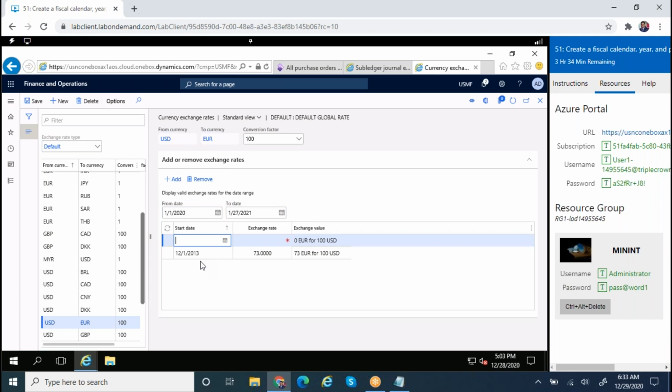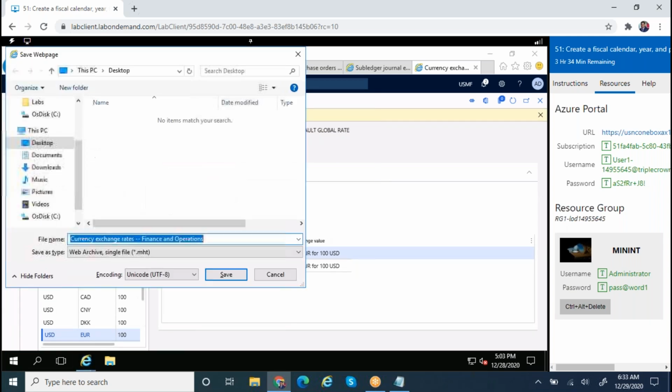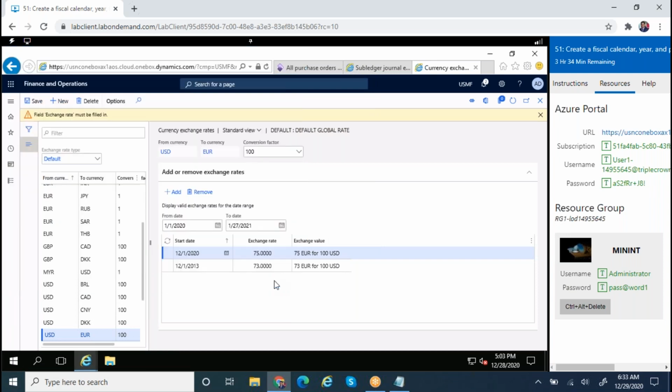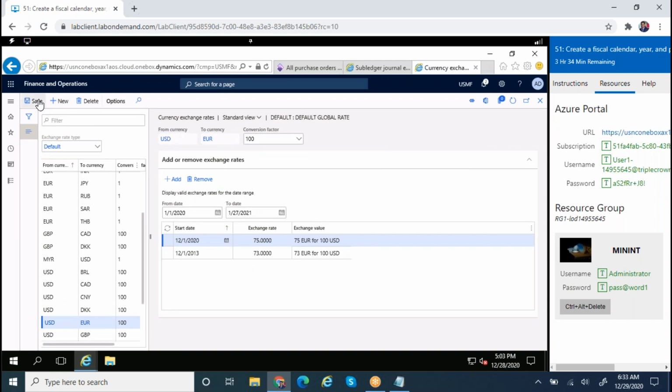What I will do, 12/01/2020, 75 I'm entering. I have entered, and another is today's date.